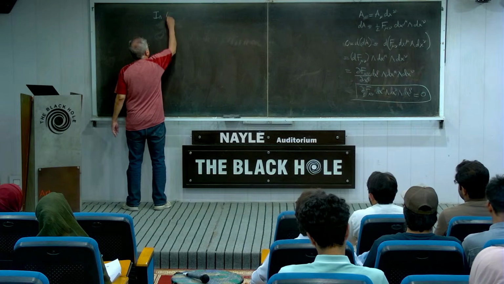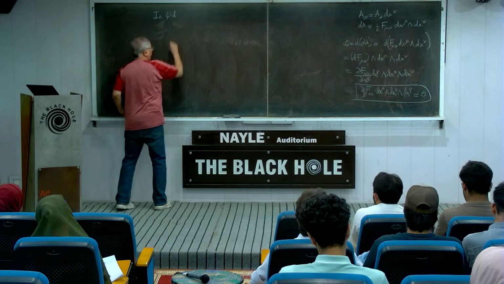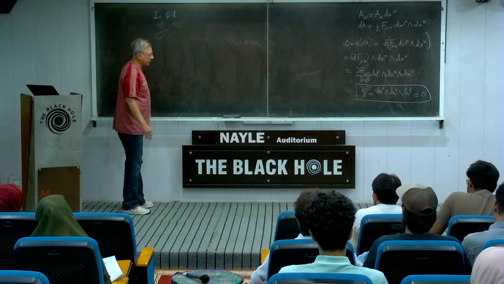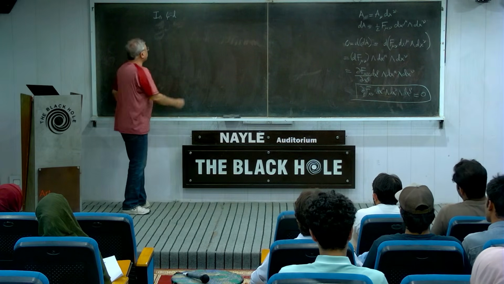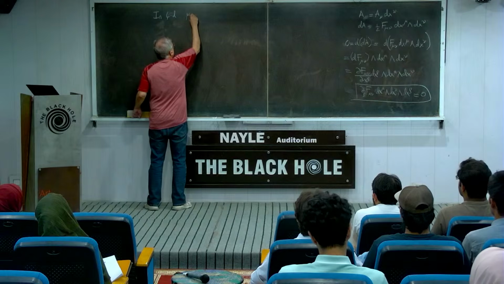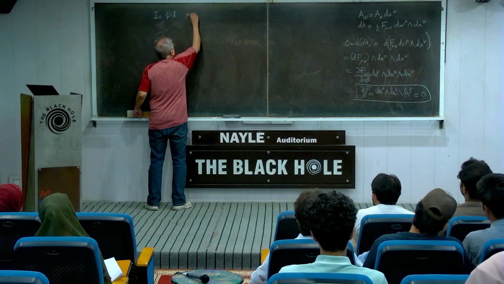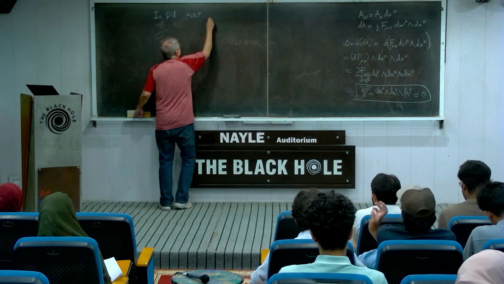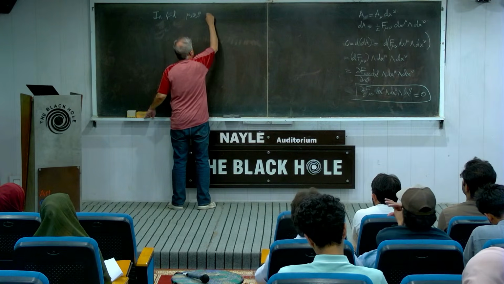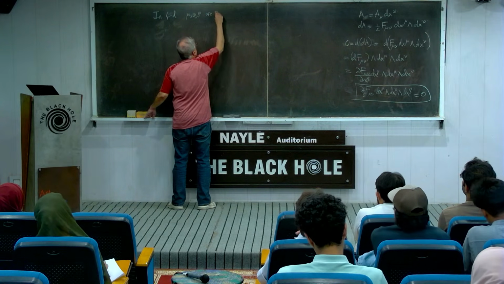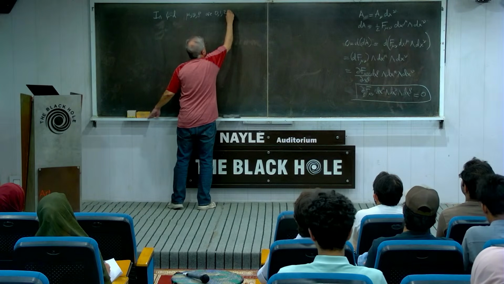In 4D, we are in 4D because mu, nu, rho take values 0, 1, 2, 3.